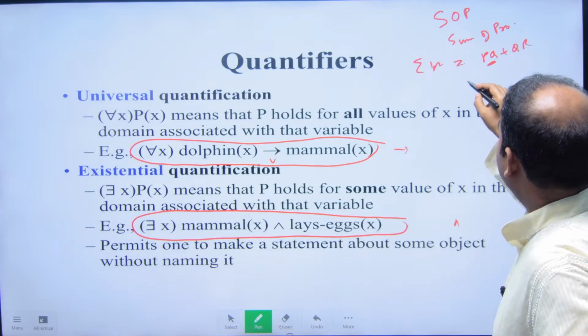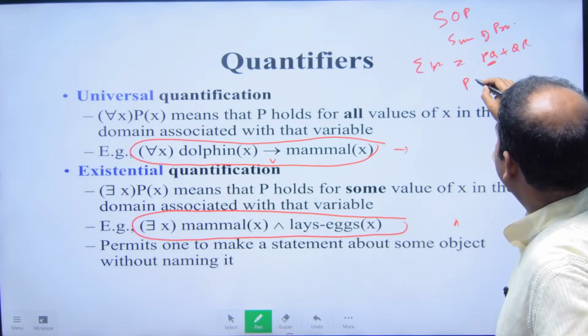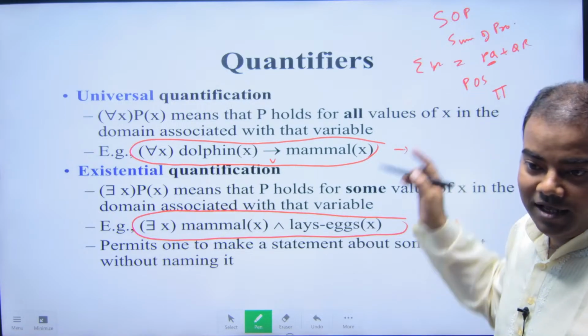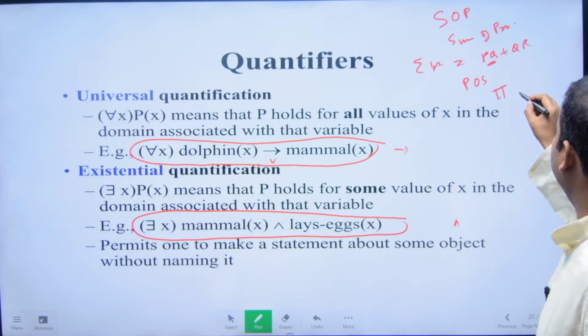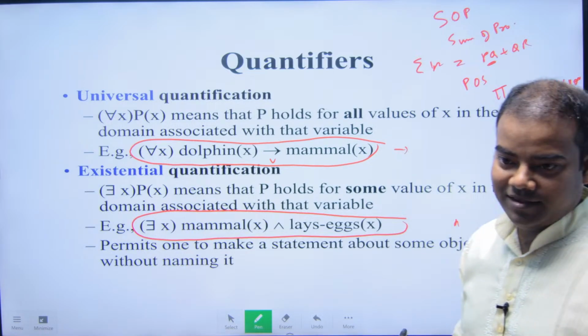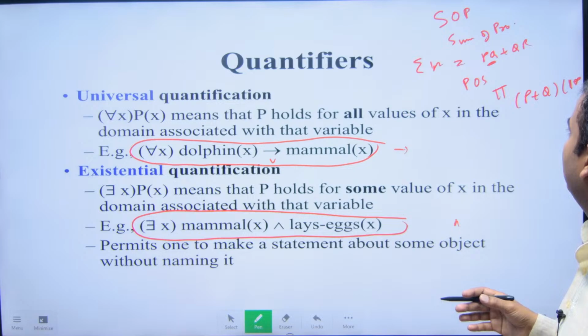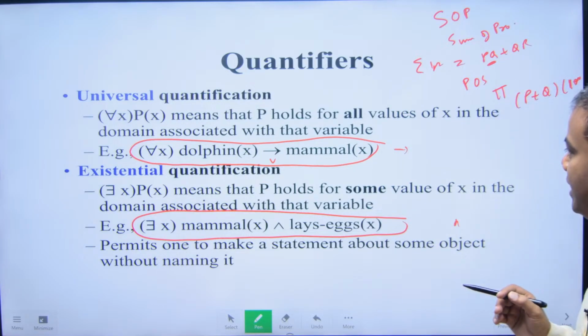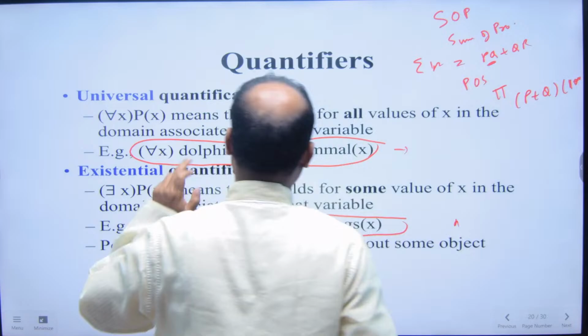Similarly, there is product of sum. We will write it like this, pi, and then there is something like P plus Q, Q plus R like this. There is no SOS or POP like this. Okay. Similarly here, what is for all?